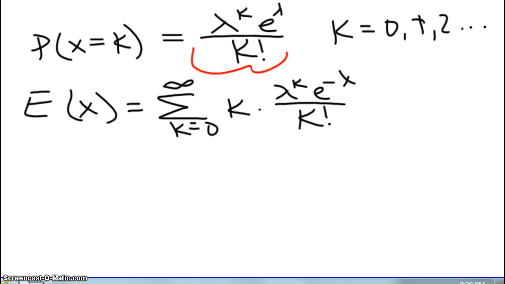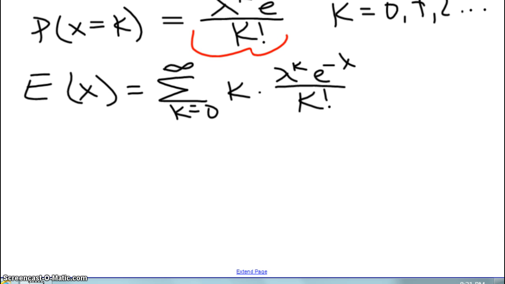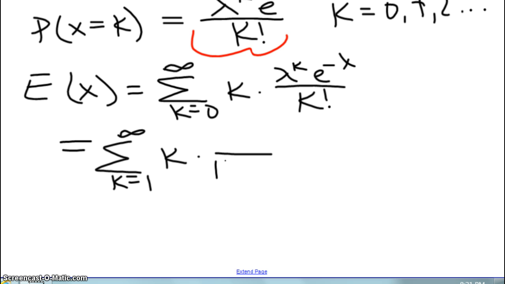As we've seen in the binomial distribution, we can manipulate this so that we get a sum of probabilities for a new distribution. To do that, we are going to start by changing k equals 0 to k equals 1. And to cancel out the k in front, we're going to bring a k in front of our k factorial, so we'll be left with k minus 1 factorial.